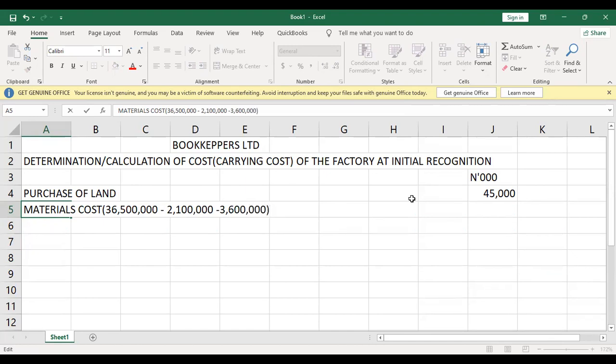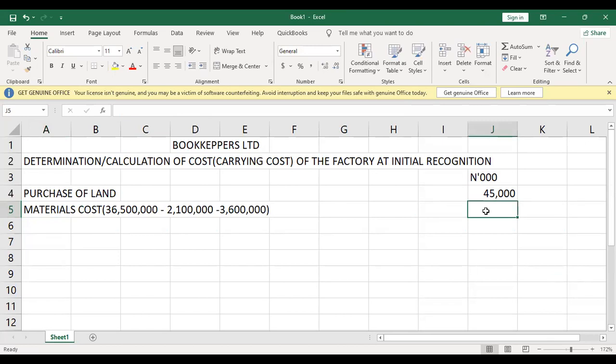Okay, how much does that give us? How much do we have?